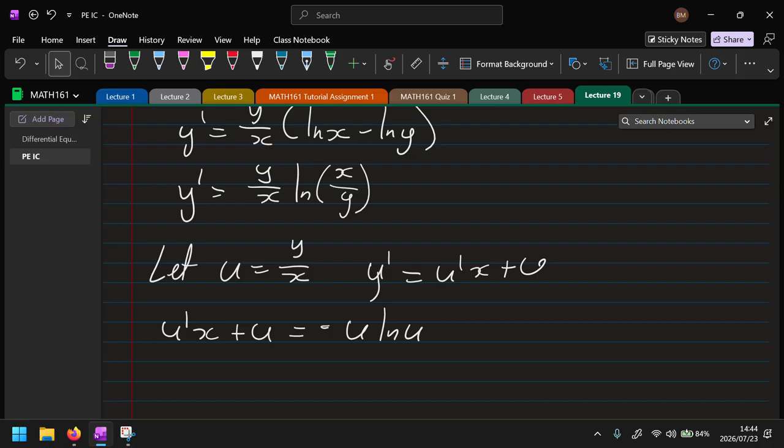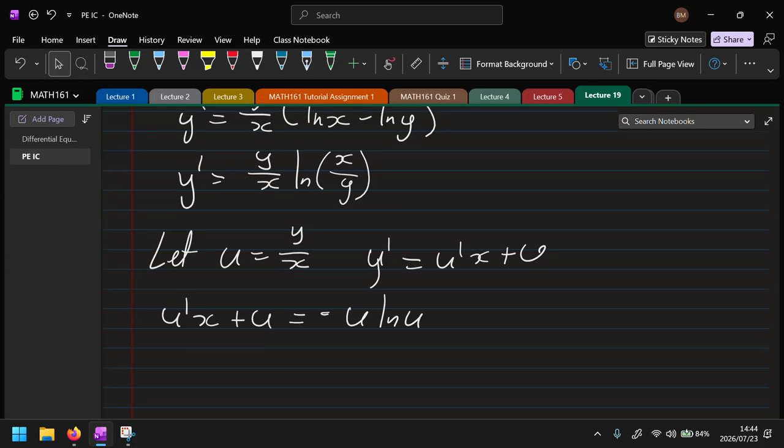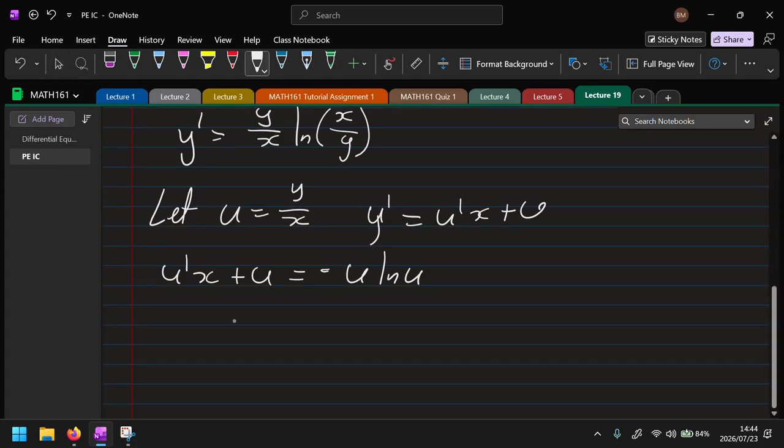Now we have a new differential equation. The nice thing is this is separable. We can take all of the u stuff to one side and the x stuff to the other side. So let's do that. So we have something like that. But that u stuff there, that's on the wrong side. We want it on the left side.